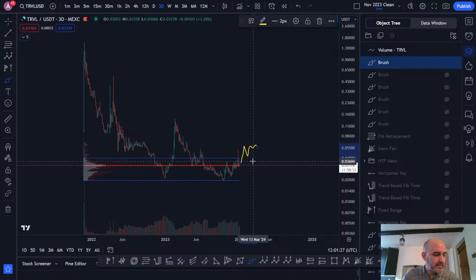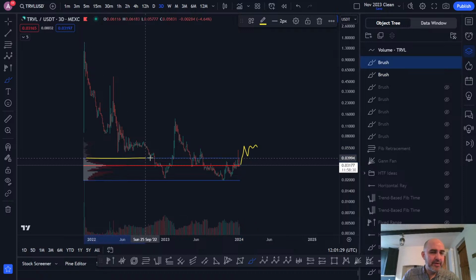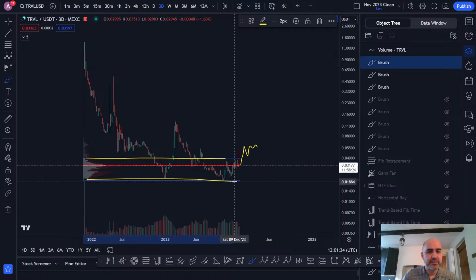Every single person who, and this value area represents 70% of the volume, right? So 70% of the volume will be in profit. No one here is going to be under pressure to sell. So that's going to be bullish for the token. Yeah, it's going to be bullish because no one's going to be under pressure.